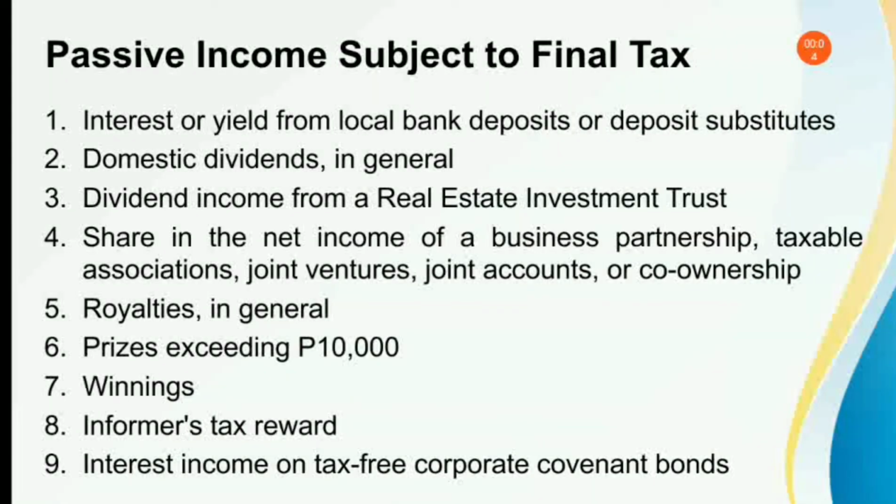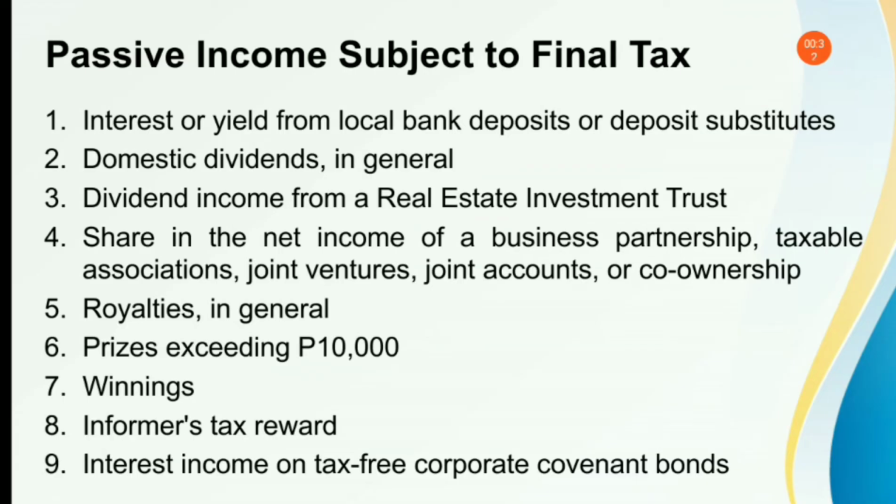And then, I would like to remind you guys that the final tax rates na i-discuss natin as we go along to each specific kind of passive income, applicable po sila to all taxpayers, either individuals or corporations, except lang sa mga non-resident aliens not engaged in trade or business or NRA-NETB, and also with the non-resident foreign corporations or NRFC.